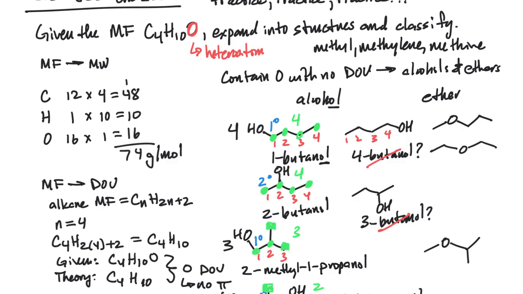So we'll introduce another one of these practice problems, the logic we want to apply, and then we're going to see that the challenge increases quite a bit as we add heteroatoms and then calculate degrees of unsaturation, and how the two of those things can lead to a large quantity of structural isomers we can produce.